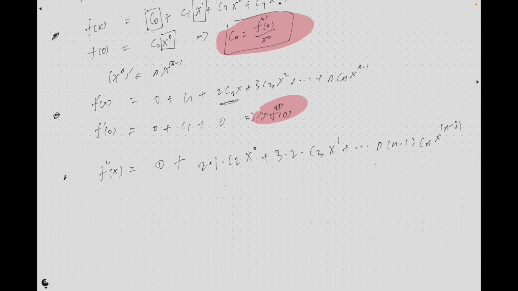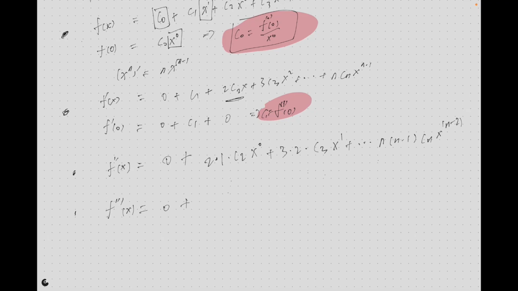And what's next is the third derivative of f. That's going to be 0 for the first term, because it's a constant, and then 3 times 2 times c3 times x to the 0, which is 1, plus n times n minus 1 times n minus 2 times cn times x to the n minus 3.